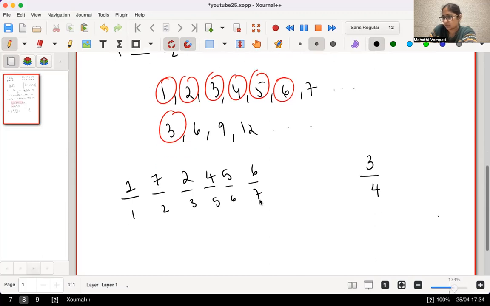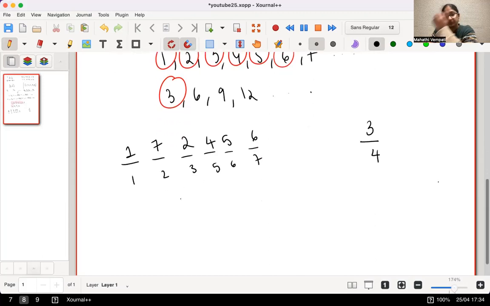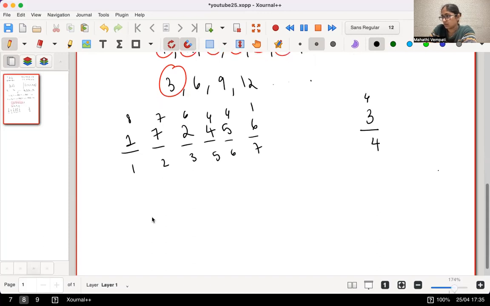And the numbers turn out to be 8, 6, 4, 4, 4, 1, 7.